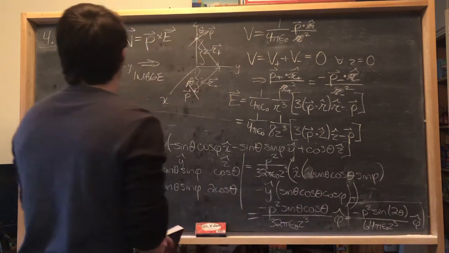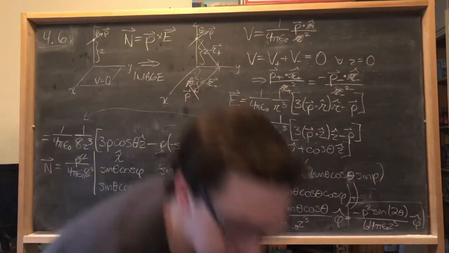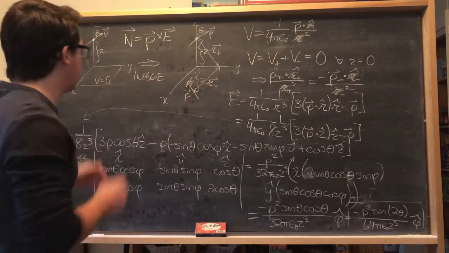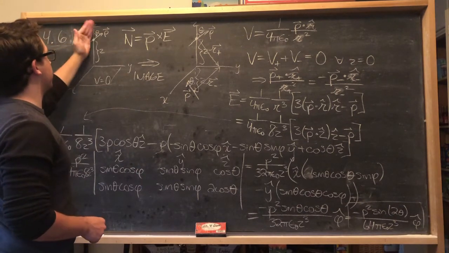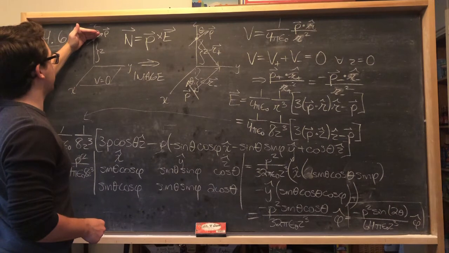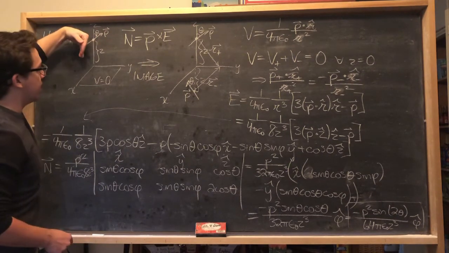But pi over 2, when it's like this, that would not be a stable point, because as soon as you push it in one direction, it's going to swing. If you push it, for example, in this direction, it's going to swing back up. If you push it in this direction, it's going to swing back down.